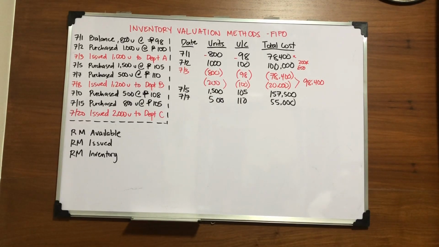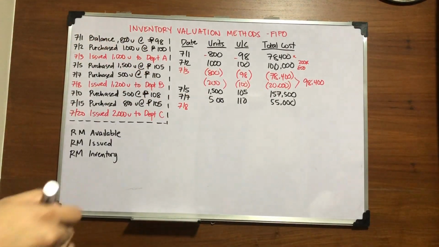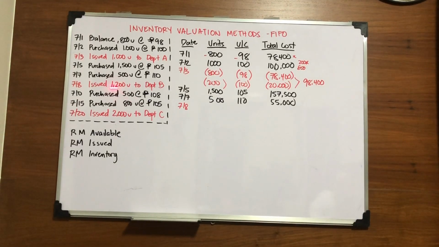The next transaction is on July 8. There's an issuance to production of 1,200 units to Department B. What we have to do again is get the earliest cost. Since the issuance is a total of 1,200, we get the earliest transaction.